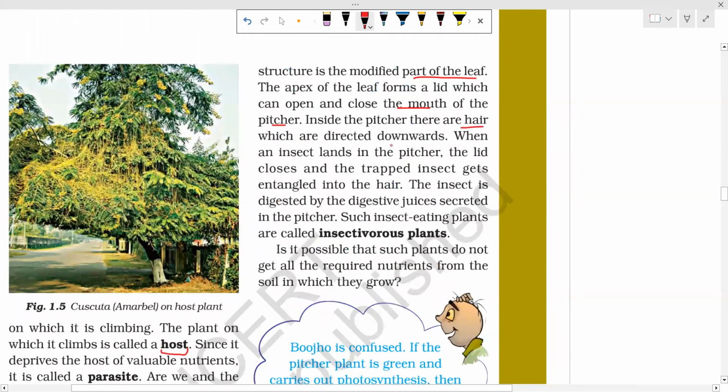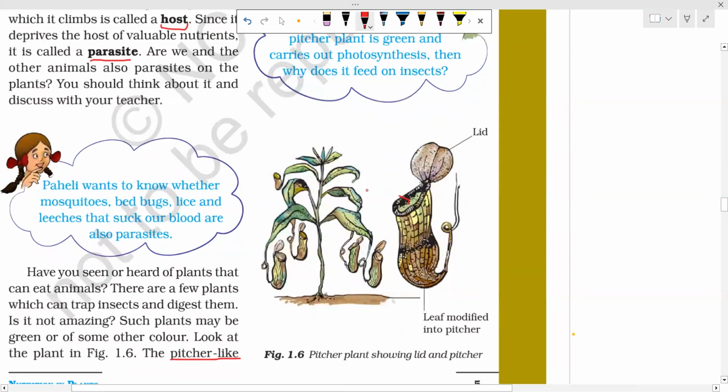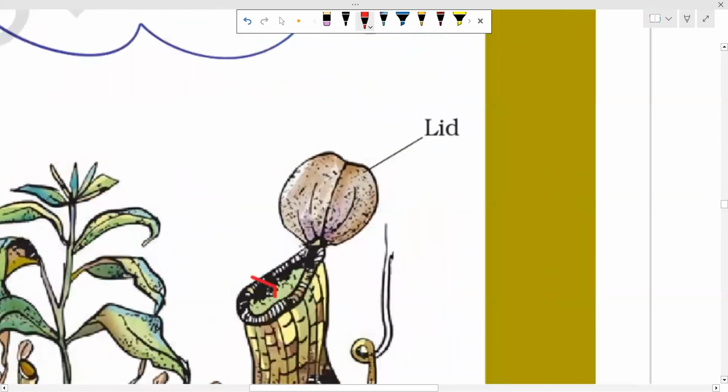In this pitcher plant, there are hairs which are directed downwards. When the insect lands in the pitcher, the lid closes and the insect is trapped and gets entangled in the hair. Inside this you can see there are hairs directed inwards. When the insect sits on the pitcher, it gets entangled by the hair, it will stick to the hair.